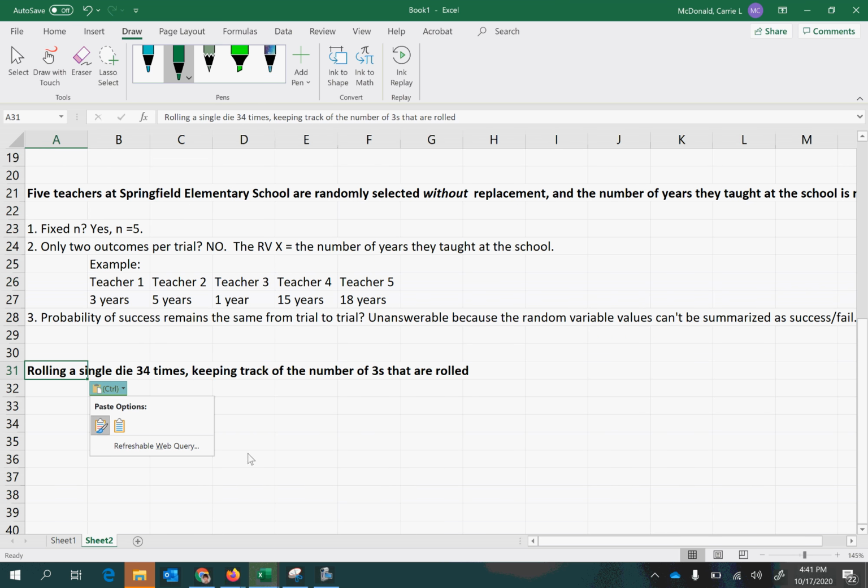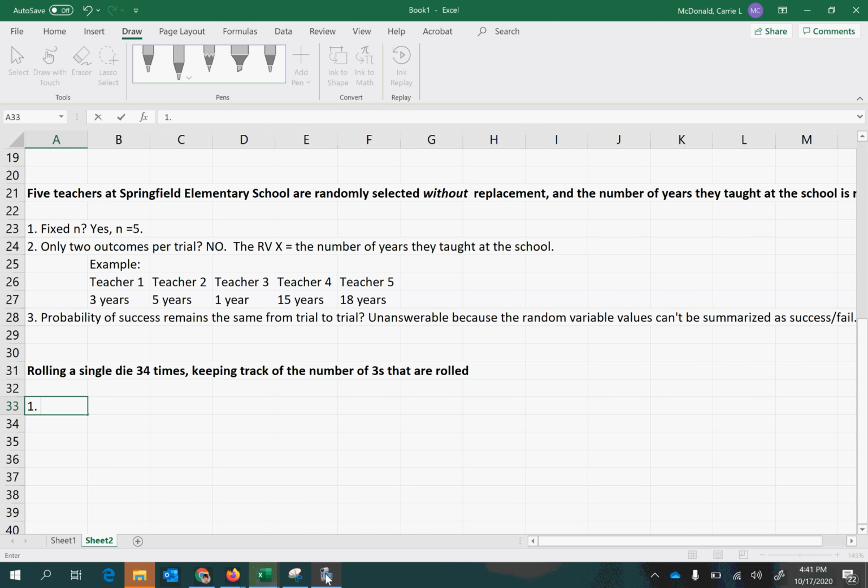Here, when we roll the die, it says we are going to be keeping track of the number of 3s that are rolled. So 1, n is 34, so that's satisfied. 2, there are only 2 possible outcomes, because if you think about what the question is, the random variable x is number of 3s rolled.